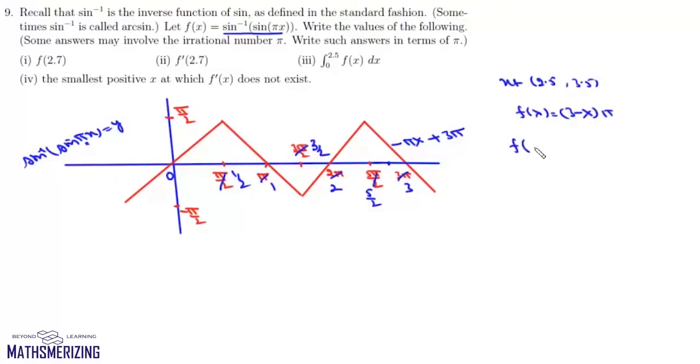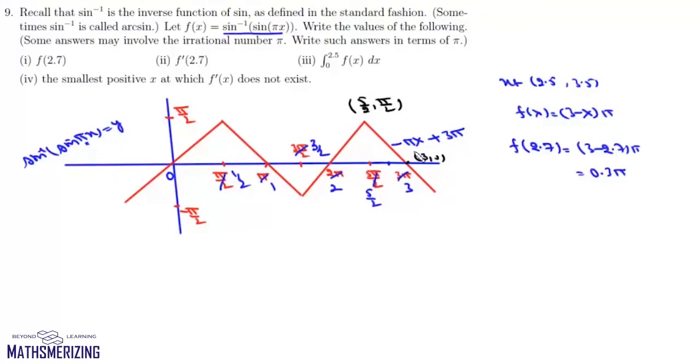Now we need to find the value of f 2.7. Now f 2.7 will be 3 minus 2.7 pi, which is 0.3 pi. You can also find the equation of this straight line using coordinate geometry. So this point is 5 by 2 comma pi by 2, and this point here is 3 comma 0.